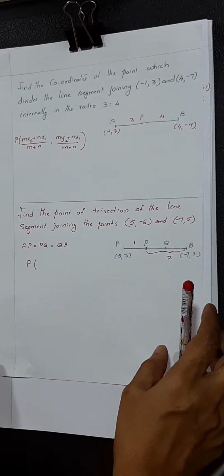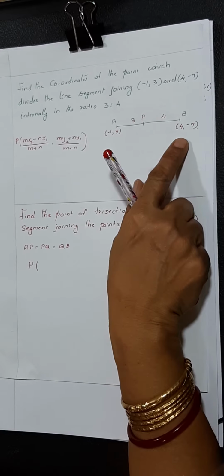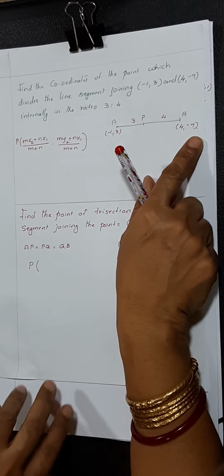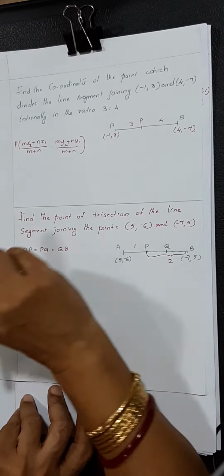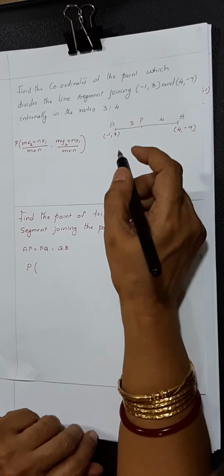Find the coordinates of the point which divides the line segment joining (-1, 3) and (4, -7) internally in the ratio 3:4. So we know the formula, it is just a straightforward question.